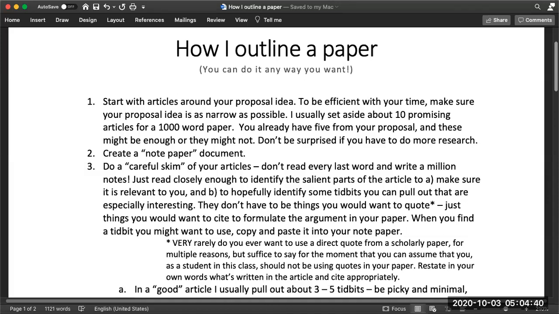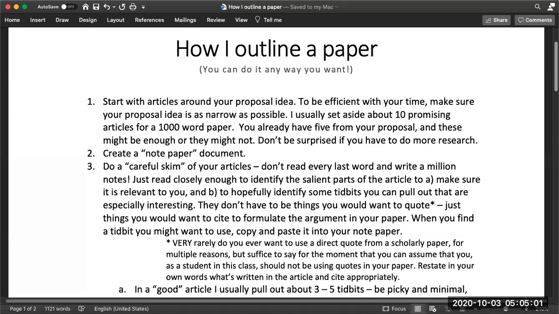I call them tidbits because they're not going to be quotes. You don't want to use quotes in a student research paper. There's a lot of reasons for this, but suffice to say, in this context, you're never going to need to use quotes.